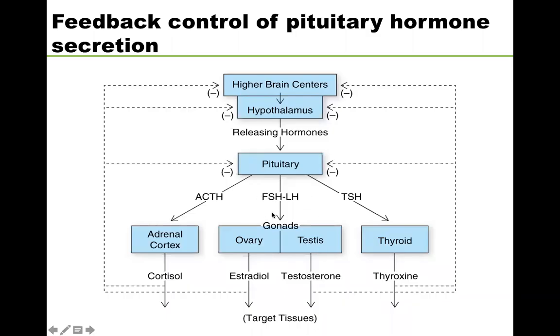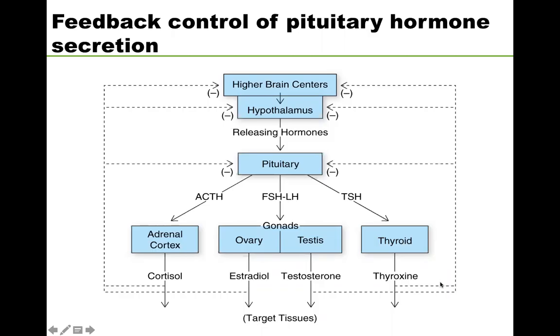The influence of these hormones on the gonads is absolutely a must for them to produce the next set of hormones that work on the target tissues. Then TSH, thyroid stimulating hormone, acts on the thyroid gland, which in turn helps in the production of thyroxine, which is T3, T4, and calcitonin from the thyroid gland.